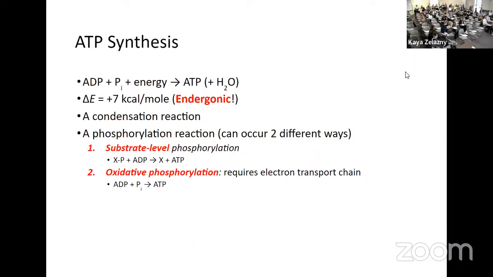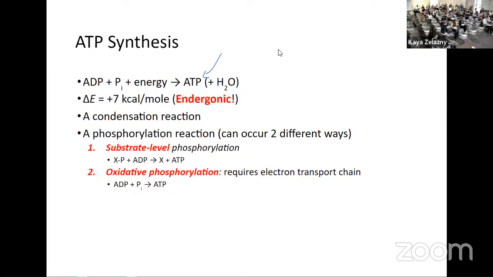I am not going to ask you to do that chemistry math, but I do want you to realize that the formation of ATP, so making ATP, is an endergonic process. So you need to put energy in if you want to make some ATP, which makes sense, because what we start with to make ATP is our ADP.